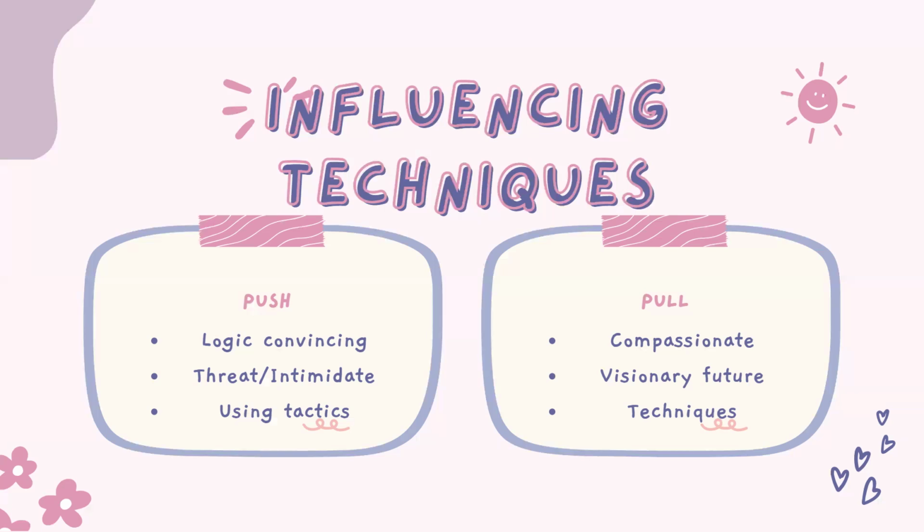While with pull, it is more subtle. The influencer who uses pull may try to get compassion or empathy from the other party, and may use some advanced technique like anchoring to prove his point, and also frame the other party into agreeing with what he says.